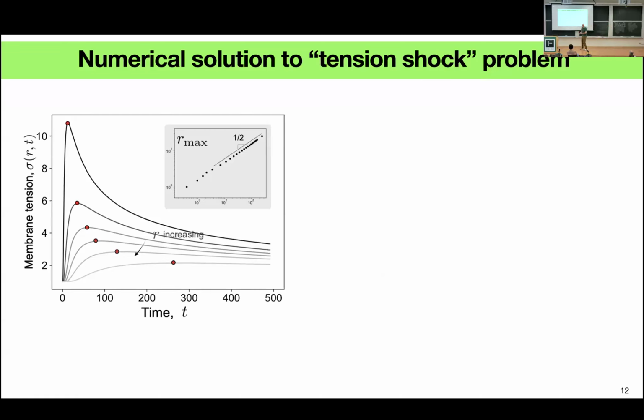So it looks like standard diffusion. If you put yourself at, say, a micrometer from the tether, what you'll see at first is no response. Then the tension there is going to locally increase. And then as the diffusion front has passed, it goes back to its initial value.